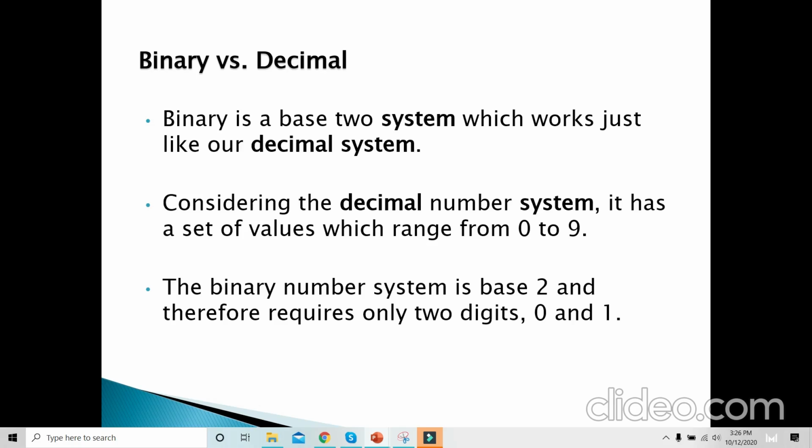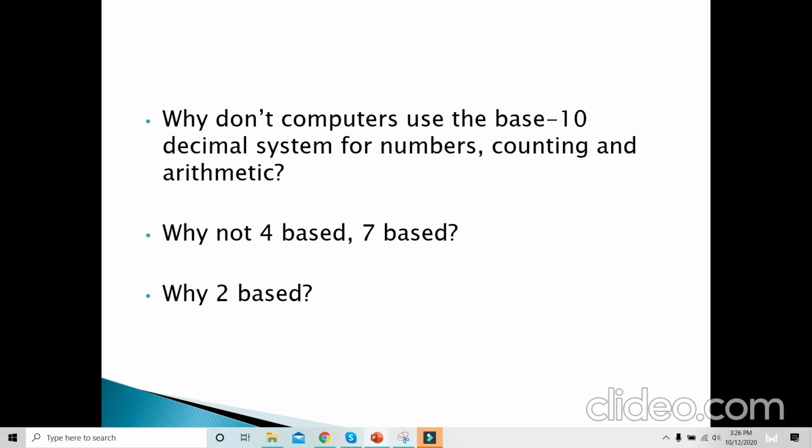So the decimal number system is base 10, whereas the binary number system is base 2. Why don't computers use base 10 decimal numbers for counting and arithmetic? Why not base 4? Why not base 7? Why base 2?